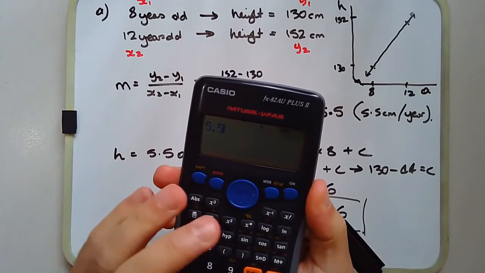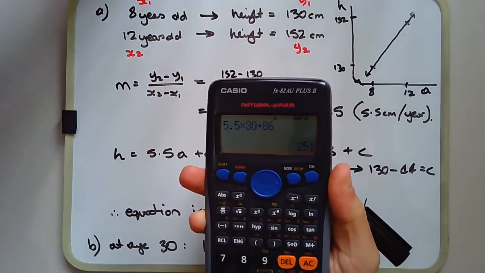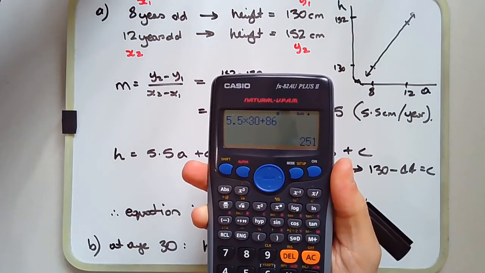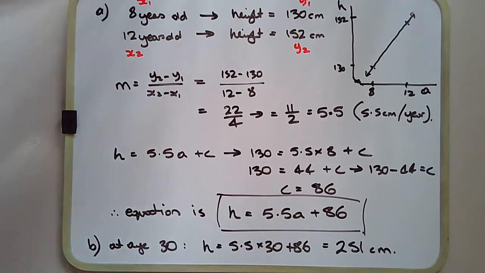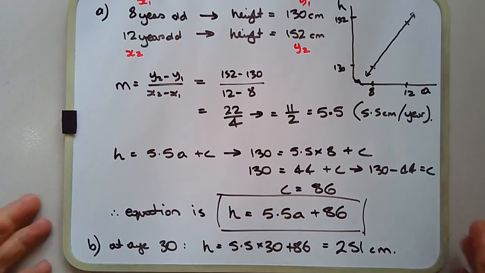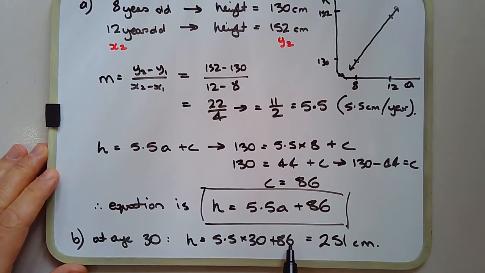We get 251. It's pretty tall. So this model assumes that the person keeps growing indefinitely. And also, just before I flip the board over, this also assumes that when the person is born, their height is 86 centimeters.